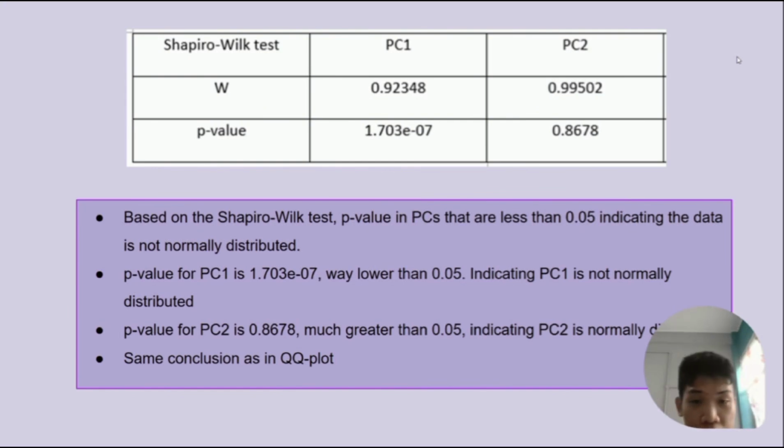Based on the Shapiro-Wilk test, a p-value that is less than 0.05 indicates that the data is not normally distributed. From the table, we can see that the p-value for PC1 is 1.703e-7, which is way lower than 0.05, indicating that PC1 is not normally distributed. And the p-value for PC2 is 0.8678, which is much greater than 0.05, indicating PC2 is normally distributed.